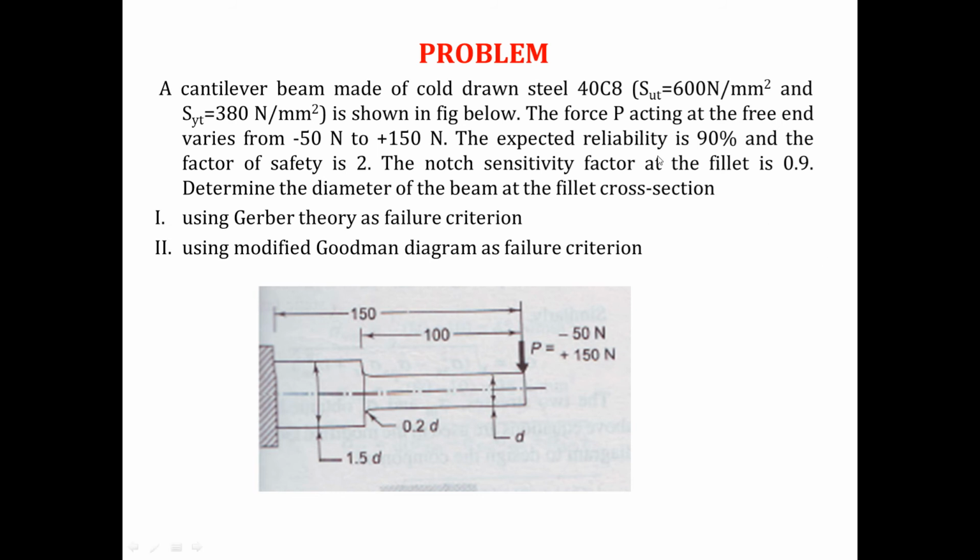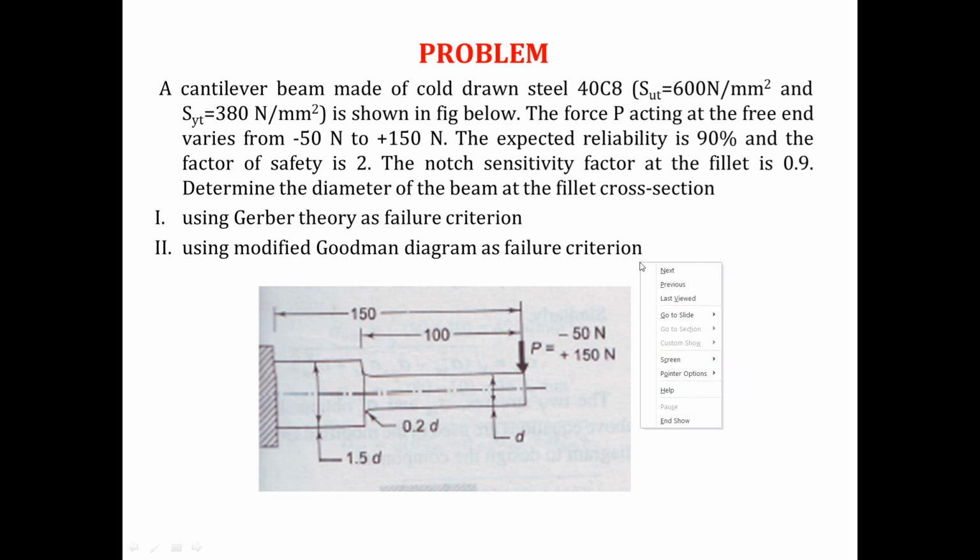The expected reliability is 90%, and factor of safety is 2. The notch sensitivity factor at the fillet is 0.9. That means the value of small q is given to you, that is 0.9. What you need to determine? You need to determine the diameter of the beam at the fillet cross section.